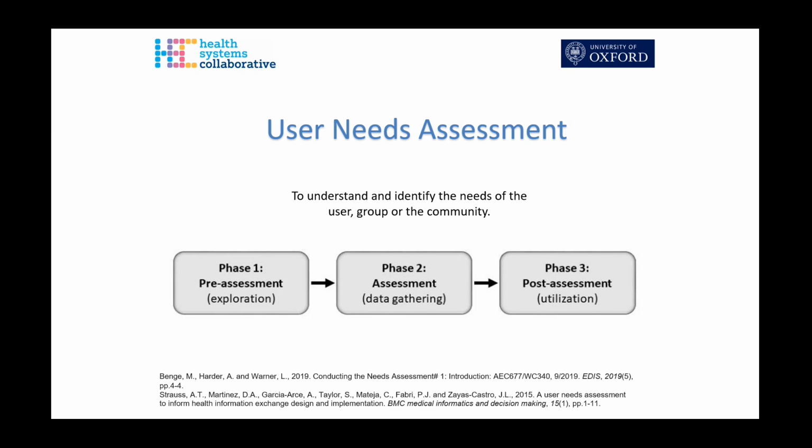What we could do in the first phase is consider what type of methods or tools you'll be using in your next phase, which is the assessment phase. So you might decide to use interviews, observations, surveys, or even a mix of different methods to gather the data that you need.